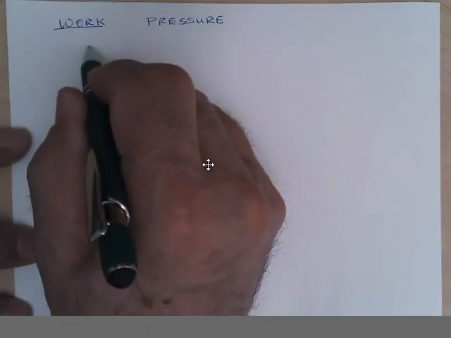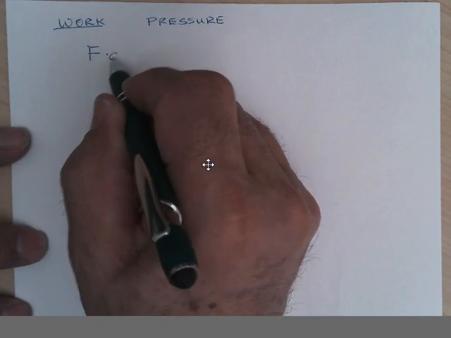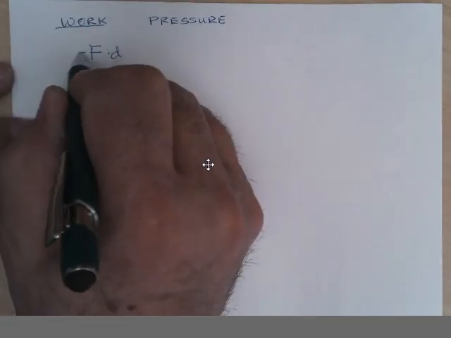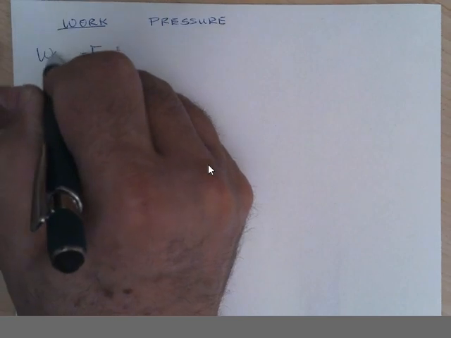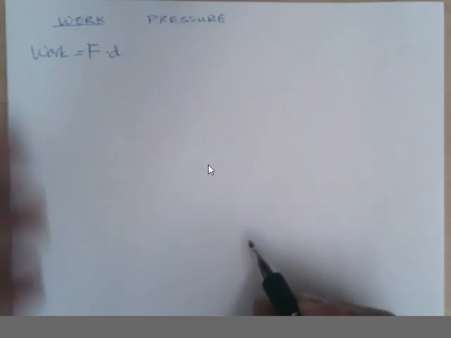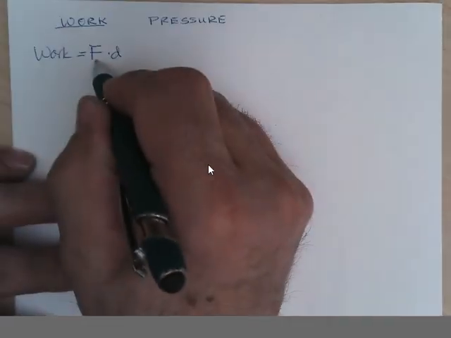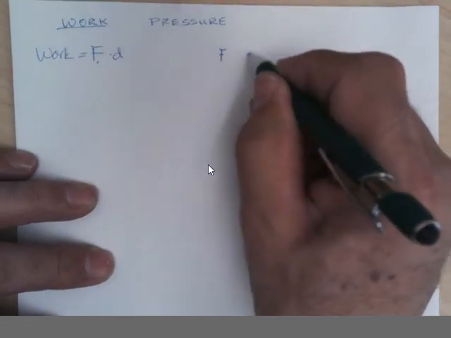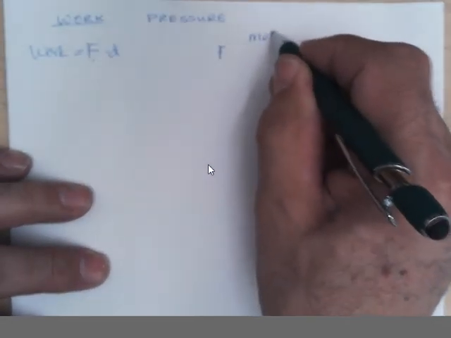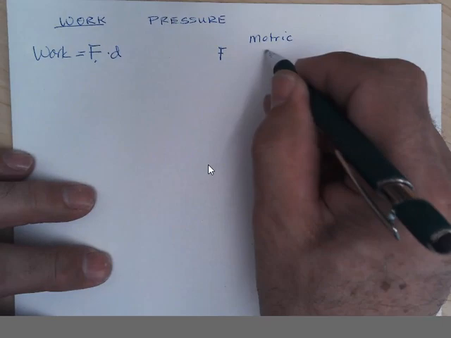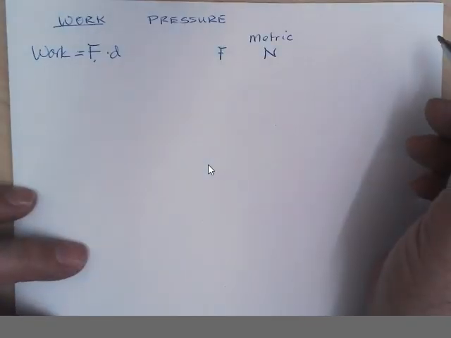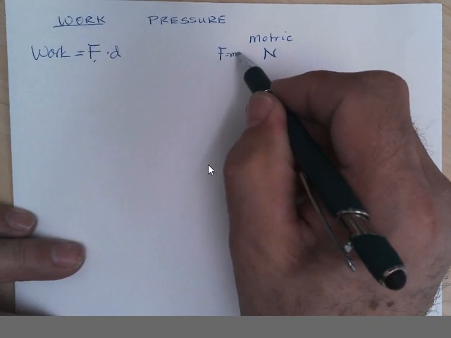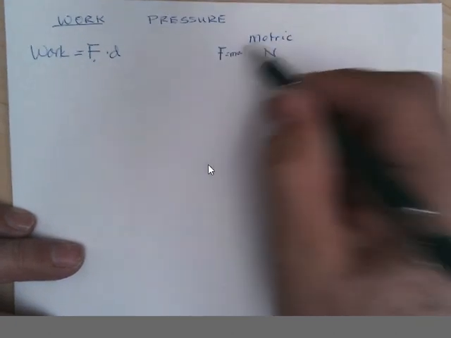Work is force times distance. That's the definition of work from physics. So the units. Force, if you're in the metric system, is in newtons. And force is mass times acceleration.